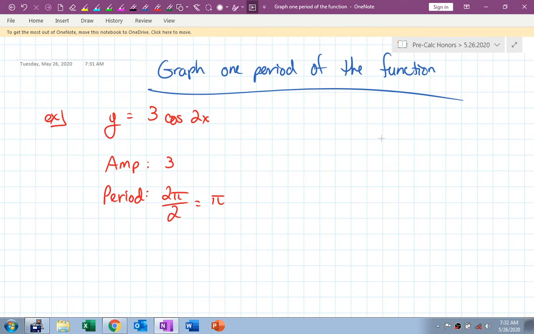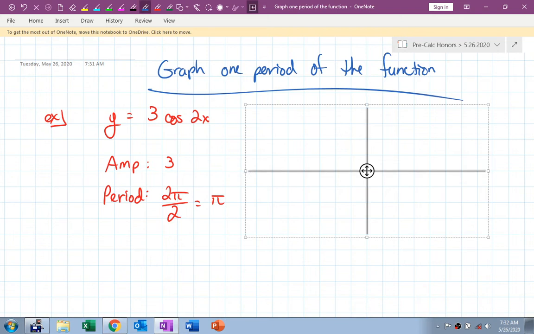So now to graph. The way you want to approach a graph when it comes to trig functions, you really don't even need too much in the negative direction. But you're going to state your amp, then you're going to start at 0, and you're going to end. We always want to have 4 tick marks.